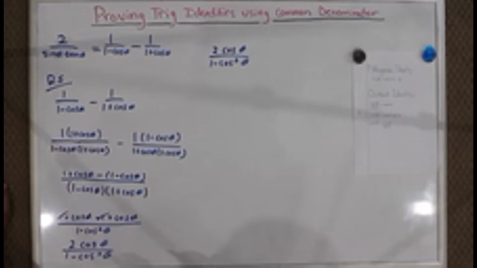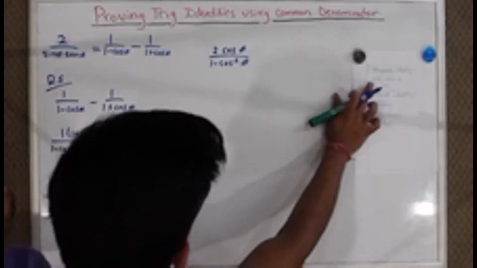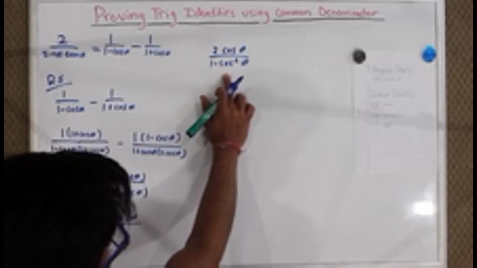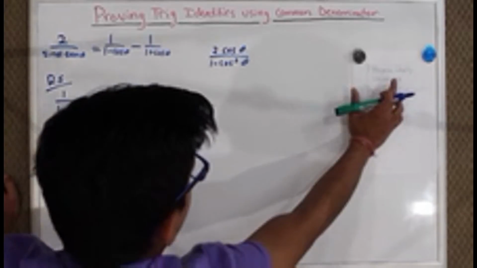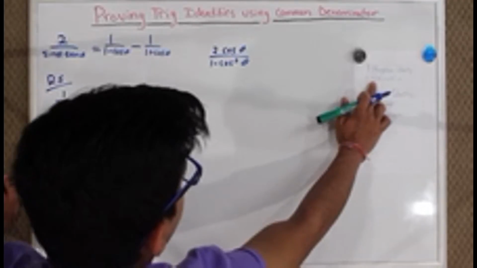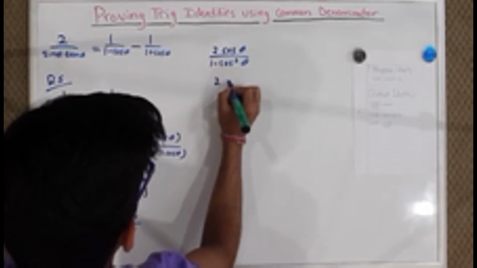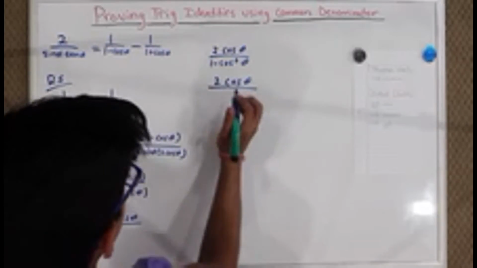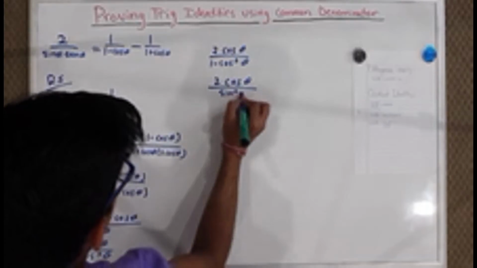Now we're going to use the Pythagorean identity, and we're going to isolate for 1 minus cos squared theta. If you take the cos squared theta over here, it will be 1 minus cos squared theta, so then we're left with sine squared theta. So 2 cos theta over 1 minus cos squared theta is equal to 2 cos theta over sine squared theta.